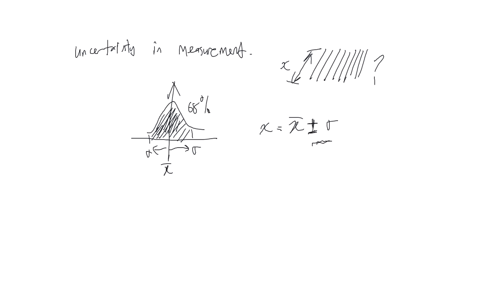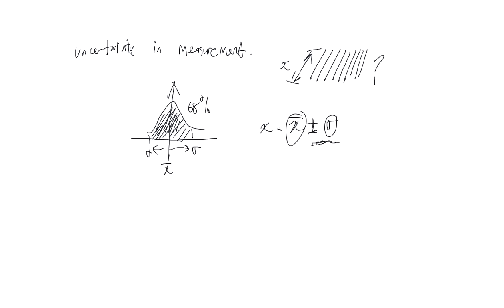So how do we get the mean, how do we get sigma, the standard deviation? I think you can refer to a probability and statistics textbook. It's not that difficult.